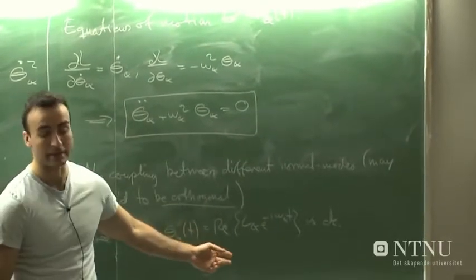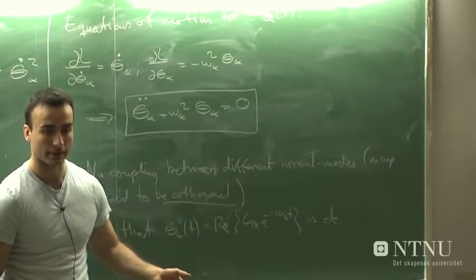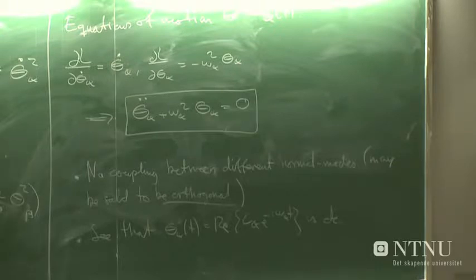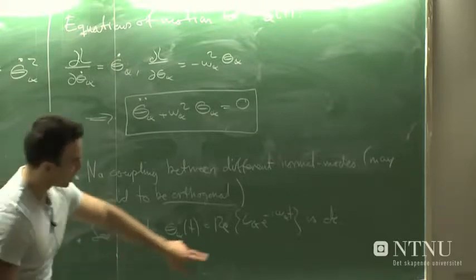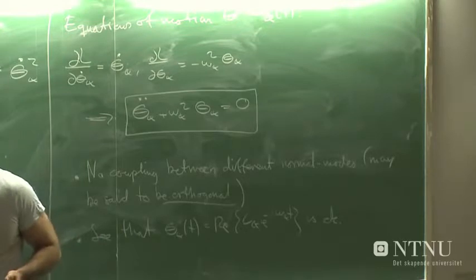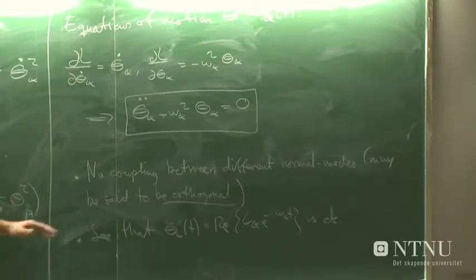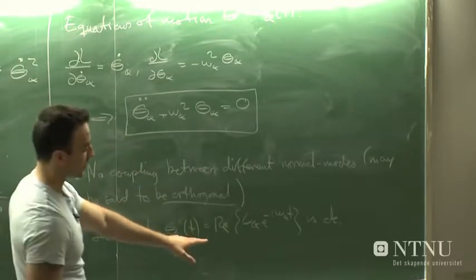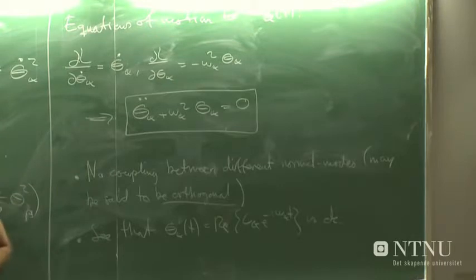This is exactly the general solution for a 1D harmonic oscillator. And since these coefficients are unknown and complex, we need in general 2n initial conditions to fully determine all of the solutions here, because C alpha is an amplitude and a phase, and we have n equations.